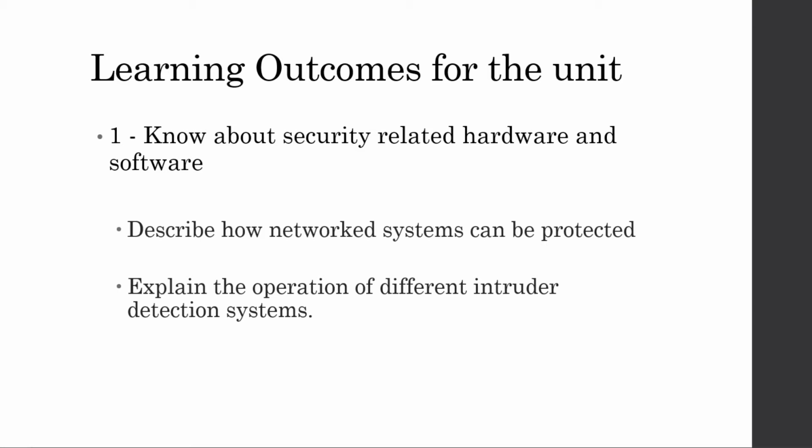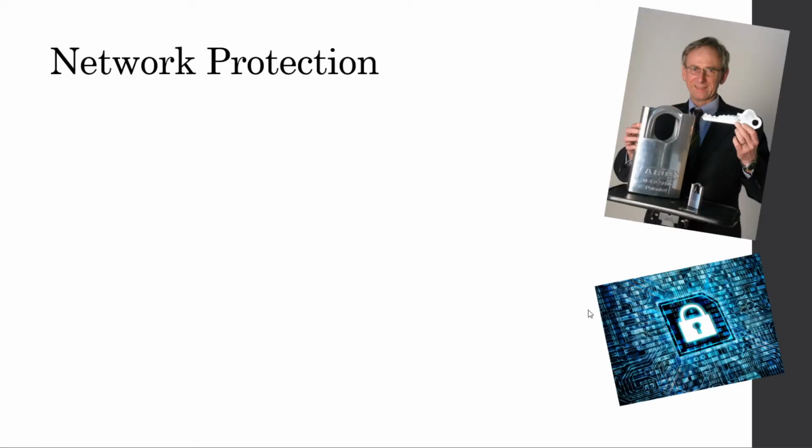So obviously there's protection, and there's also actually detecting that someone's been in, because you can protect something but then not know if somebody's tried to break in or not. It's like if you locked your house at home, when you go out, how do you know if anybody's tried to get in? Because that is a completely separate thing than it being protected. Like, your house is protected because it's locked, but obviously you don't know if anybody's tried to break in. So that's what we're going to be looking at.